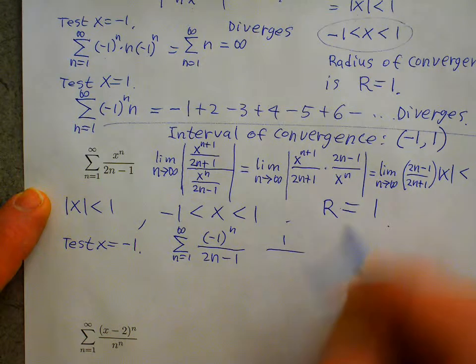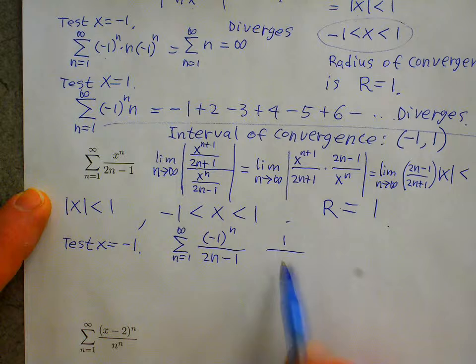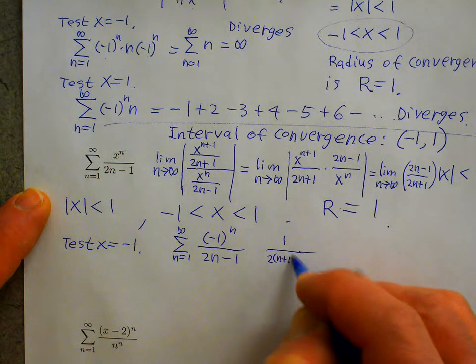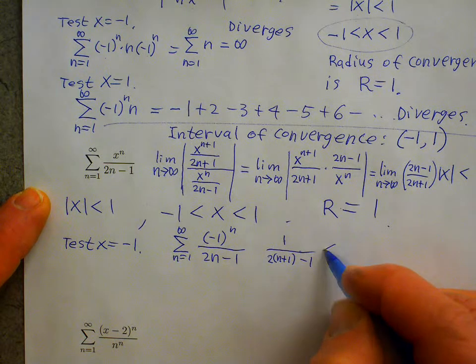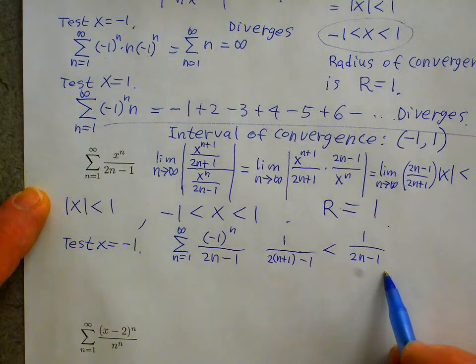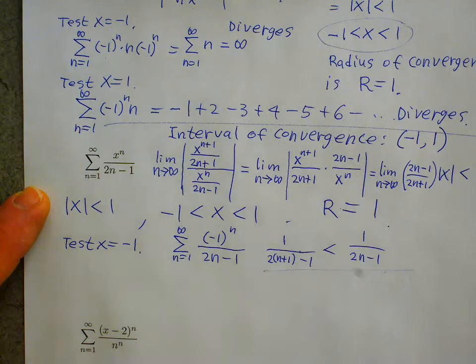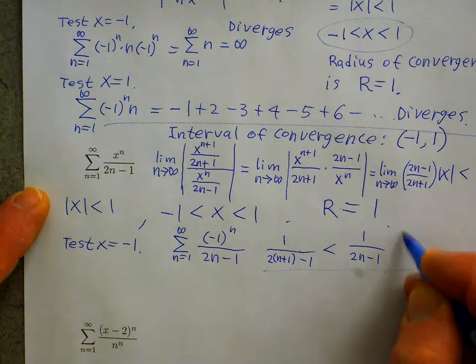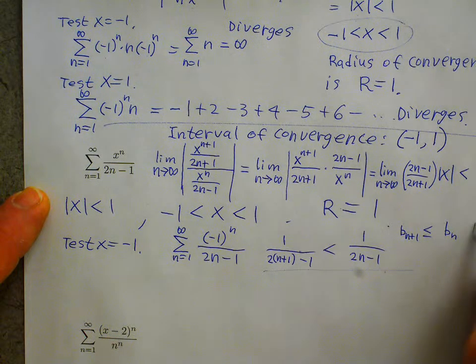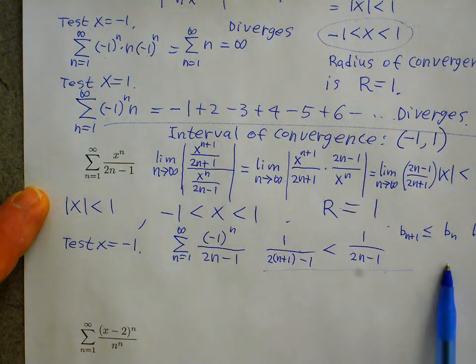Note that the absolute values, like the term 1 over 2 times n plus 1 minus 1, are less than the term that came before it. So I'm applying the alternating series test. It's pretty obvious that the first condition, b sub n plus 1 is less than or equal to b sub n, is satisfied. That's the first condition of the alternating series test.